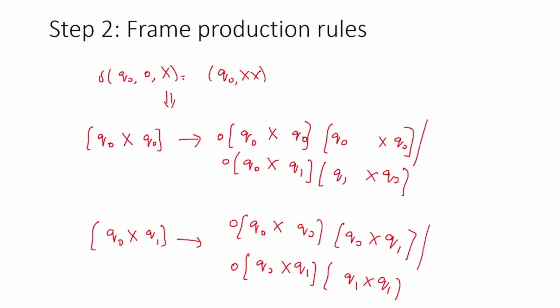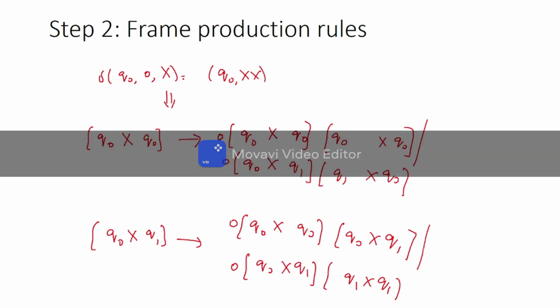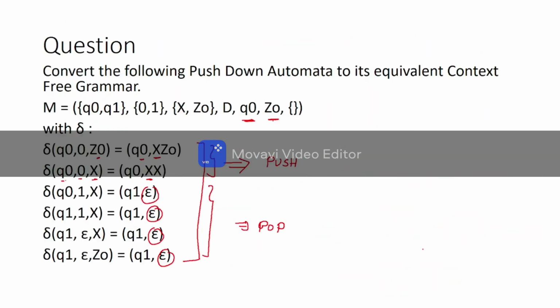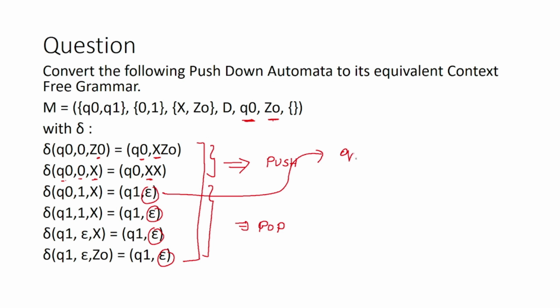So, as of now we have framed the production rules for two transitions, right. And the rest of the transitions are very simple, that is performing pop operations, right. Pop operation is very simple. You can write it here. For the third transition, it starts from Q0, right.